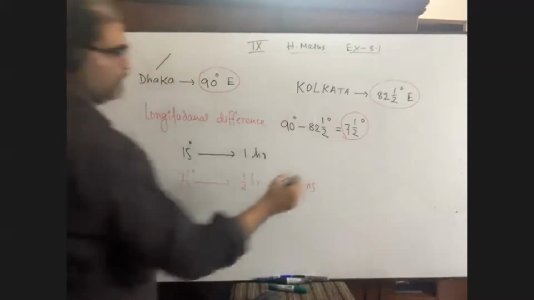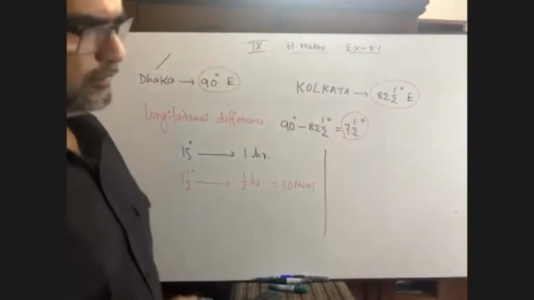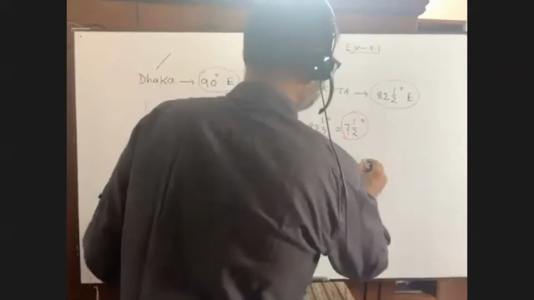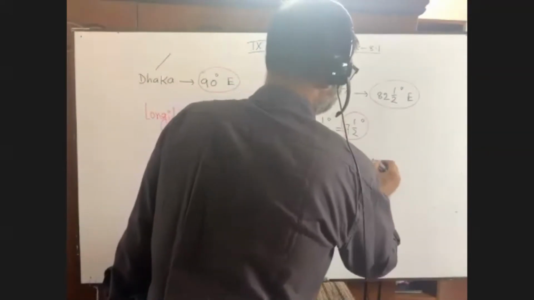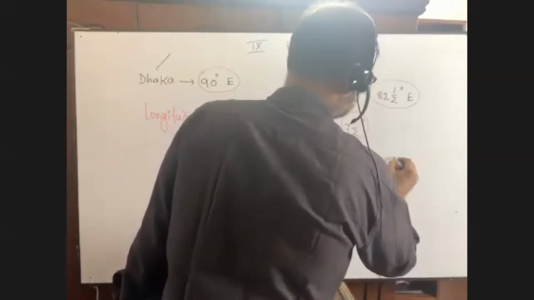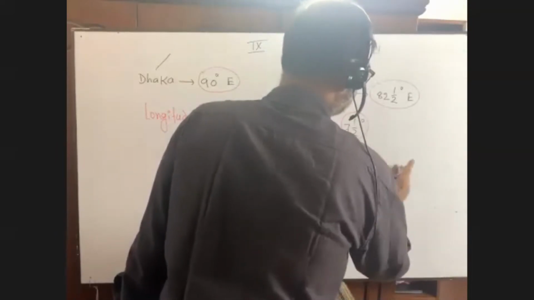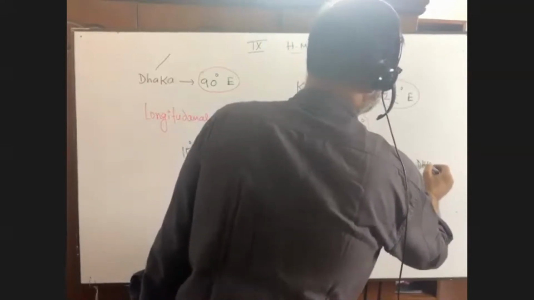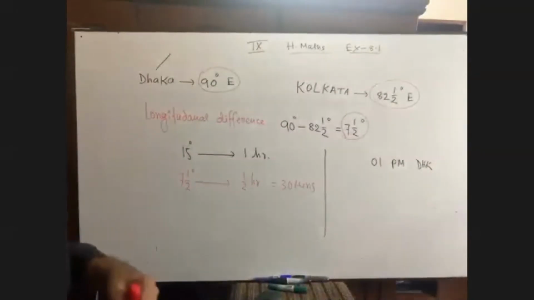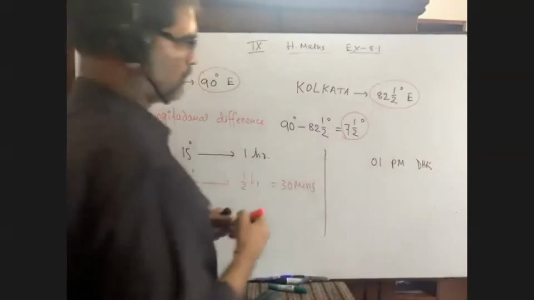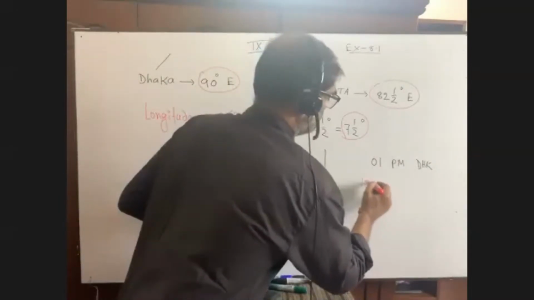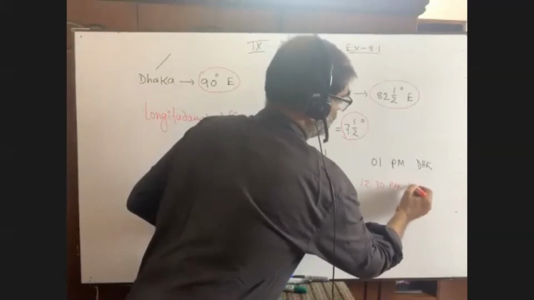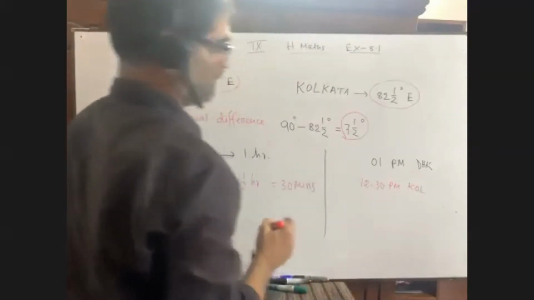Suppose it is 1 p.m. in Dhaka. Then for Kolkata, it will be 12:30 p.m. Half an hour.